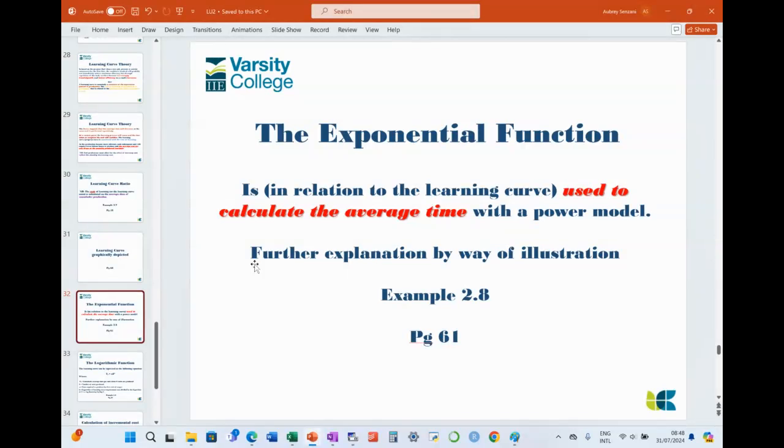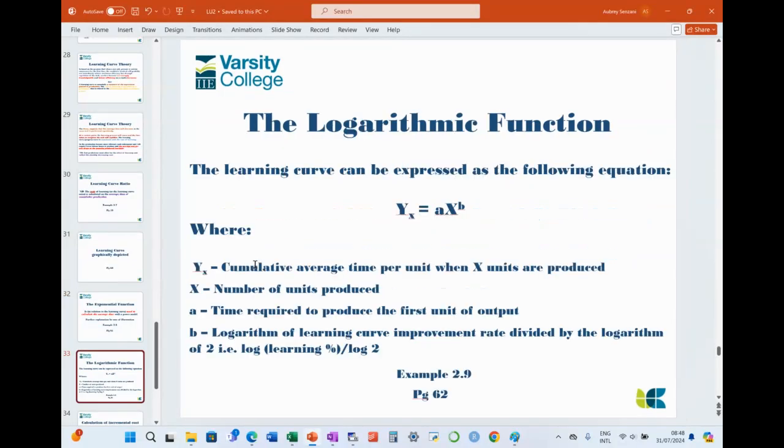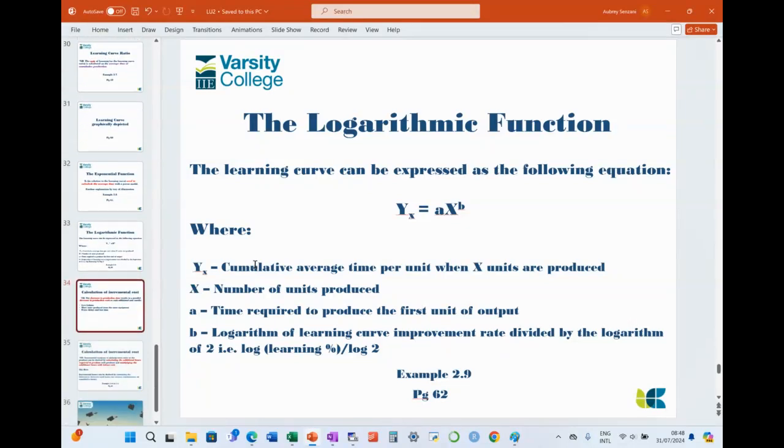All right, then there's a different way of calculating the learning curve. There's also the exponential function. Okay, so it's used to calculate the average time with a power model. Okay, we will also see this. If you can understand it, it's actually the easier way. If you can understand it, okay, and then we have to make use of a log function within that formula.